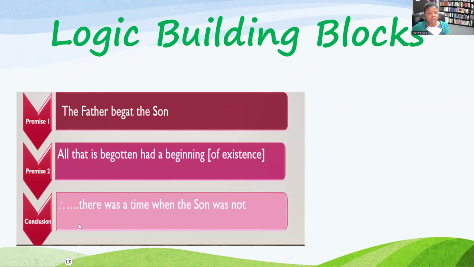I'm sorry. So one example of a syllogism with categorical propositions we talked about before in lesson 1. The Father begot the Son. All that is begotten had a beginning. Therefore, there was a time when the Son was not. Bad argument, but an example of a categorical argument.